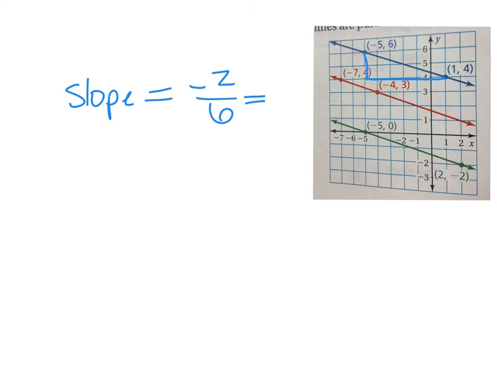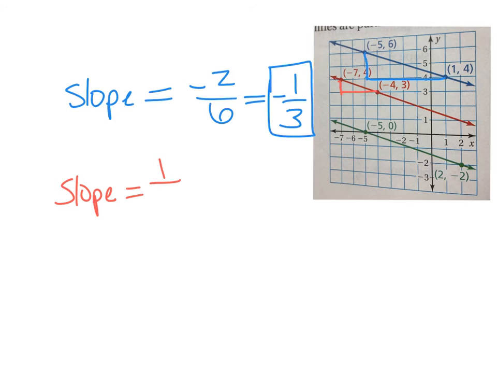Okay, can I reduce negative 2 over 6? Yeah. I would get negative 1/3. The slope of the red line goes down how many? Over how many? 3. Negative 1/3. So those might be the two parallel lines. What do you think? Yes.